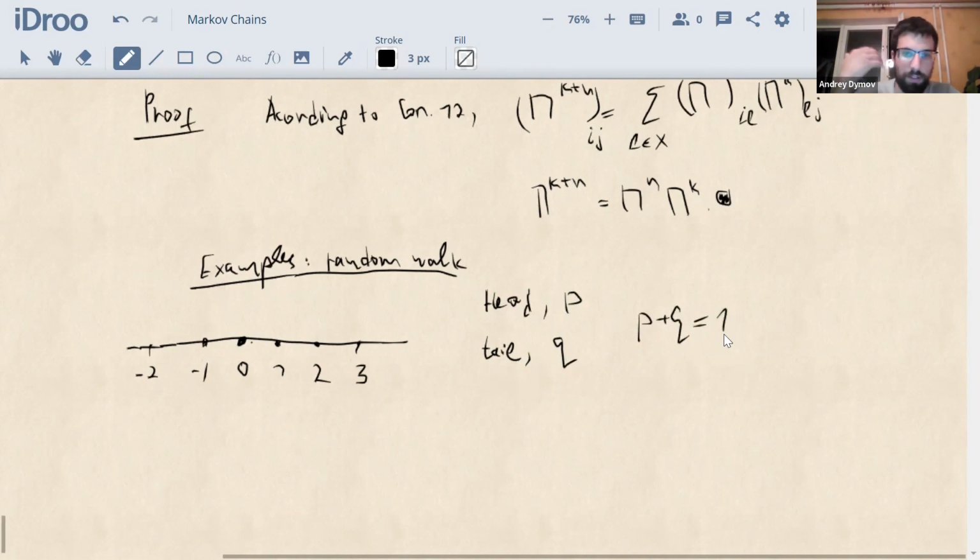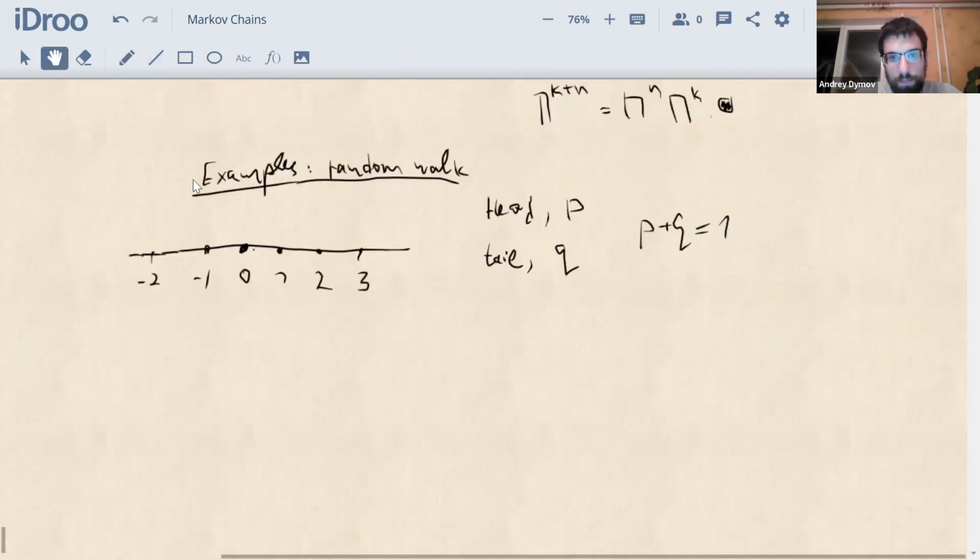Then if I have head, I go to the right by 1. And if I have tail, I go to the left.